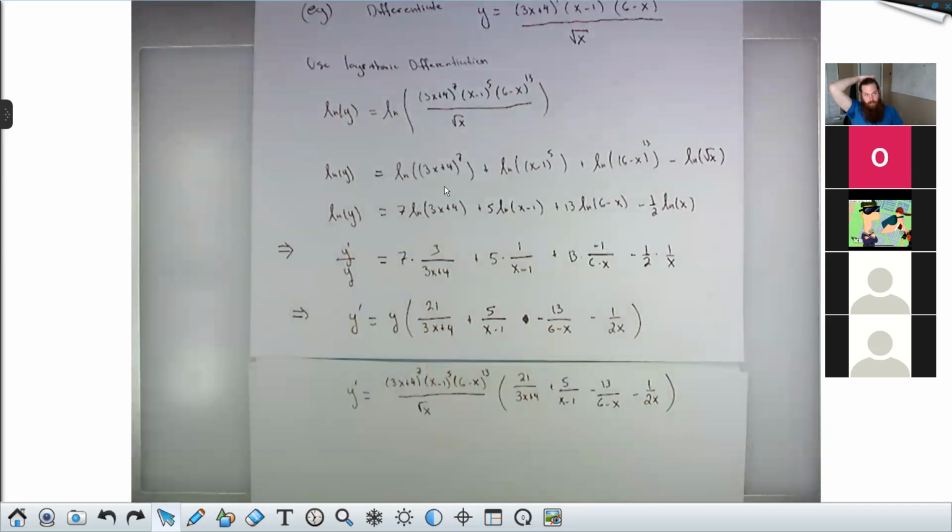So that is by far the easiest way to differentiate this function. You take the natural log, expand everything out, differentiate implicitly on both sides, then solve for y prime.